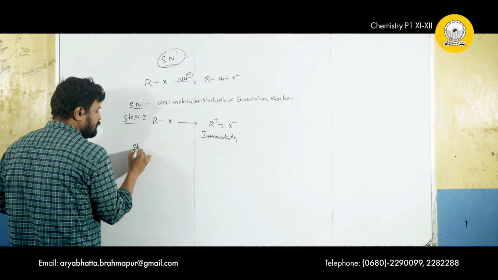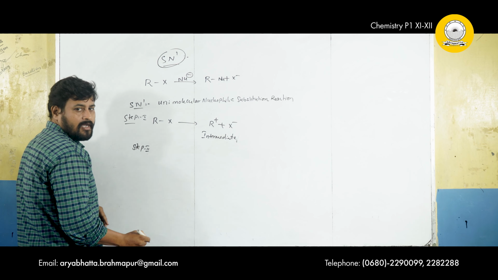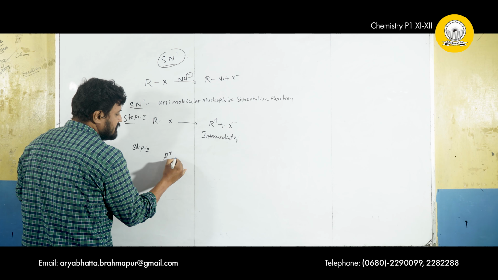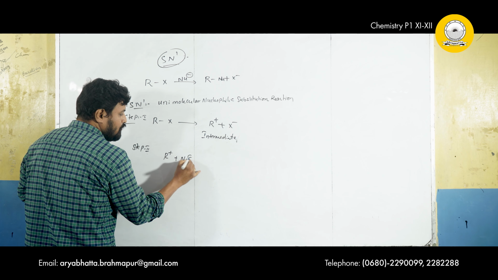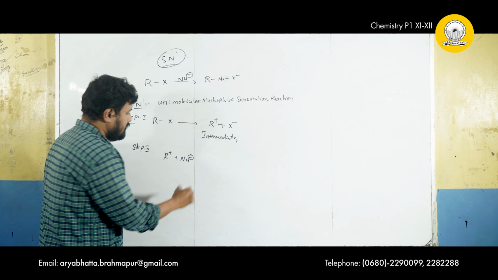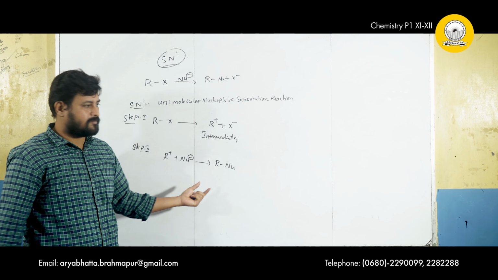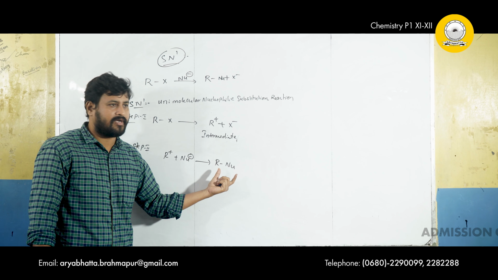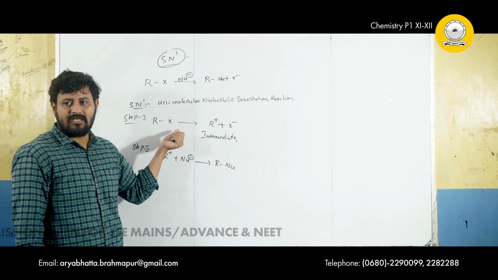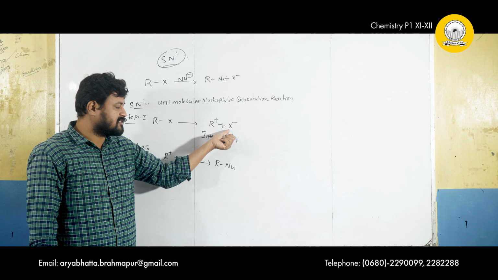Next, step 2: R plus combines with the nucleophile, and then it forms the substituted product. Here RX is initially ionized into R plus and X minus.